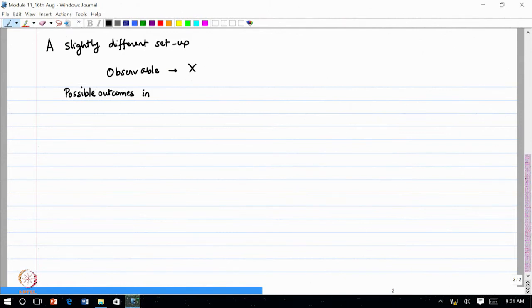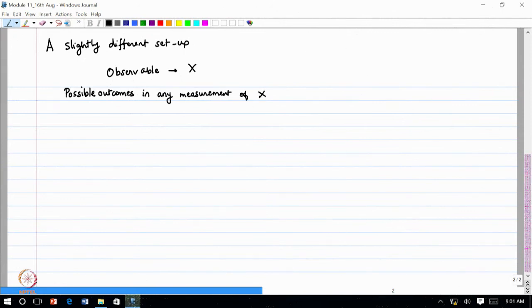Now, let us consider a slightly different experiment, a slightly different setup. Again we consider the observable x, and now we say that the possible outcomes of any measurement of x are limited.